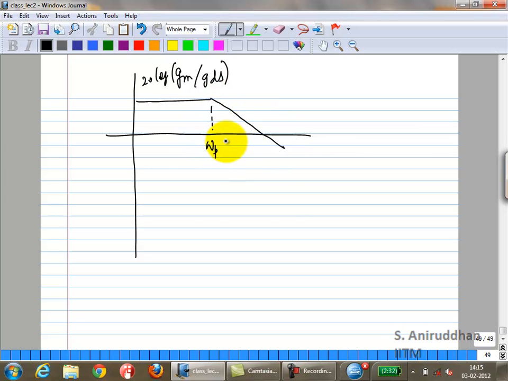At omega p it starts to go down, well and good, you already know all this. And at omega z it goes back. So that at high frequency you already know what the gain is going to be, right? That's because of the capacitive divider.